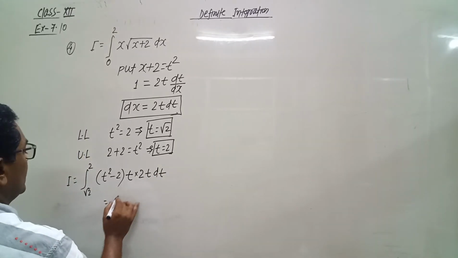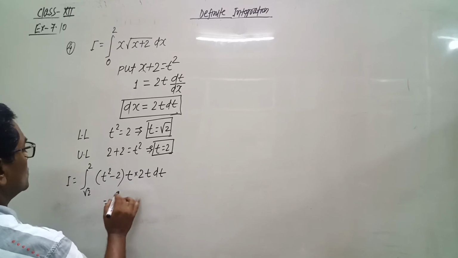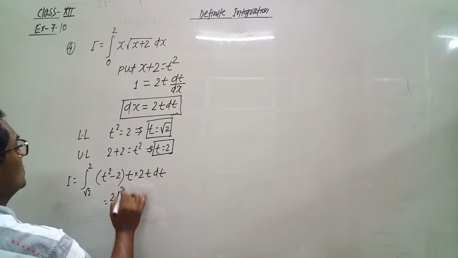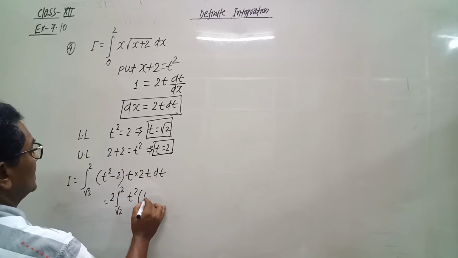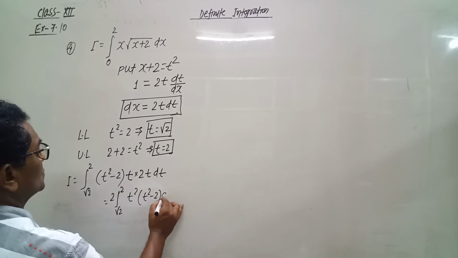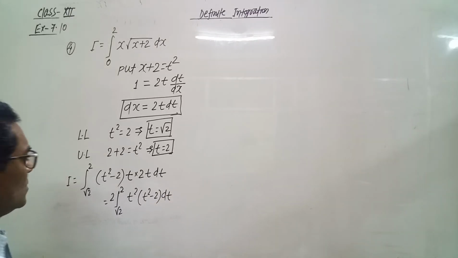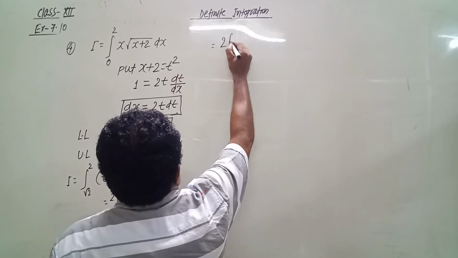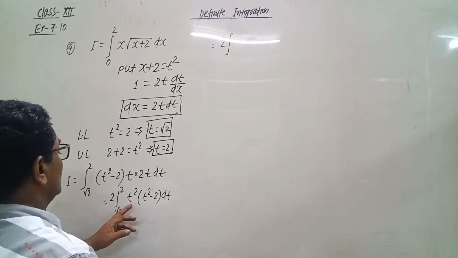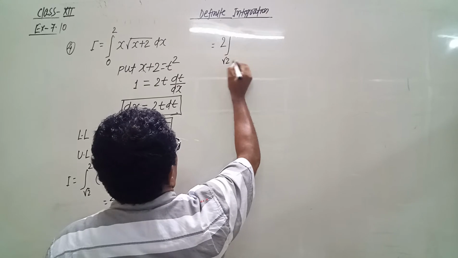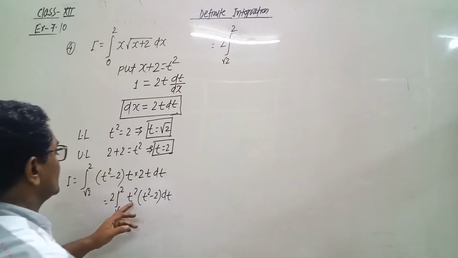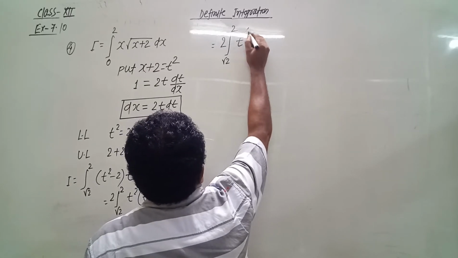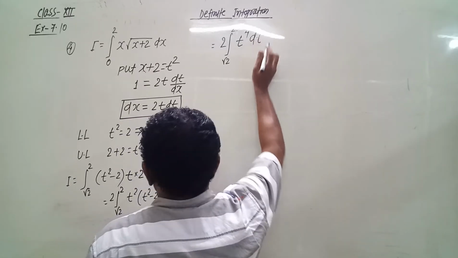Now it comes root 2 to 2. 2 is taken outside, t into t square minus 2, dt. Now remove the bracket. So 2 integration, limit root 2 to 2, and t square into t square becomes t raised to the power 4 dt.